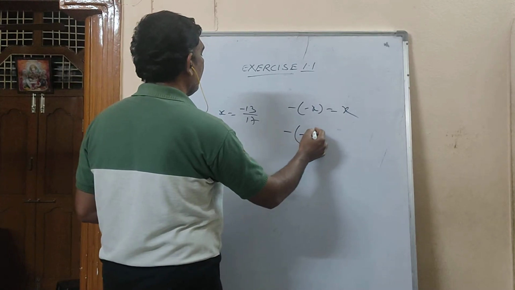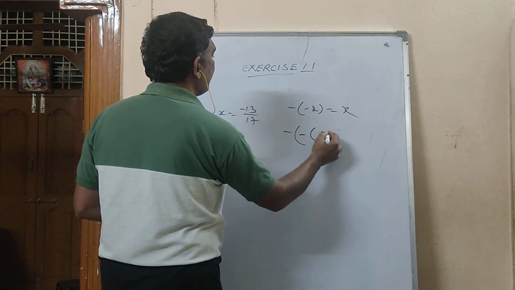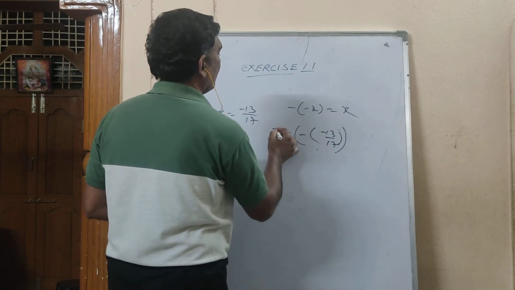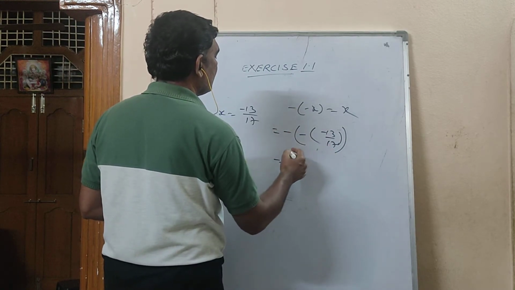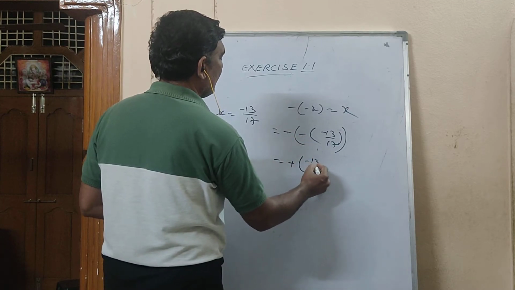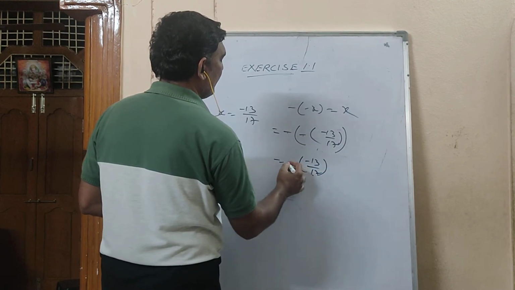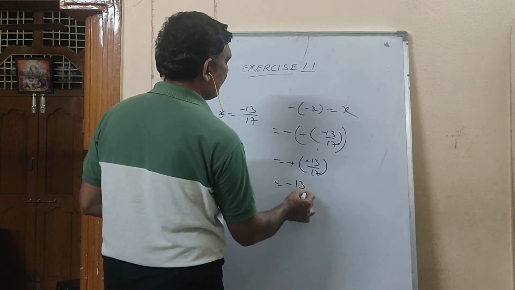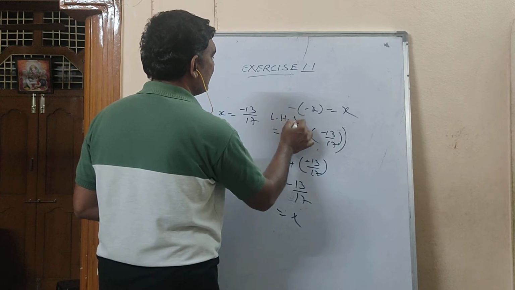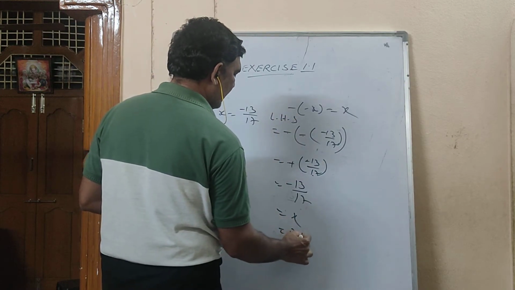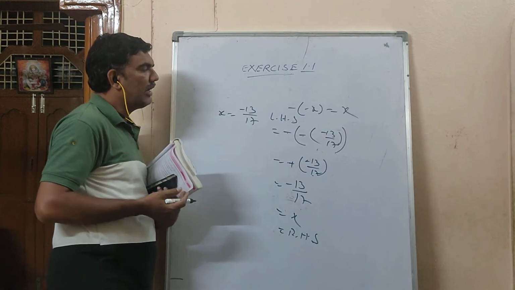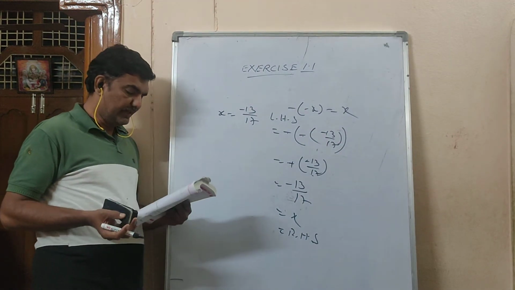Minus, minus, x means minus 13 by 17. It is LHS. I took only LHS. Here minus into minus is plus, again minus 13 by 17. Plus into minus gives minus 13 by 17. It is x. If I took LHS, I got RHS. So LHS is equal to RHS. Hence verified.